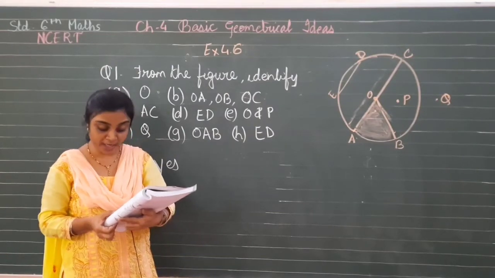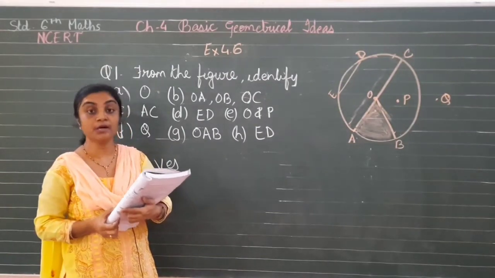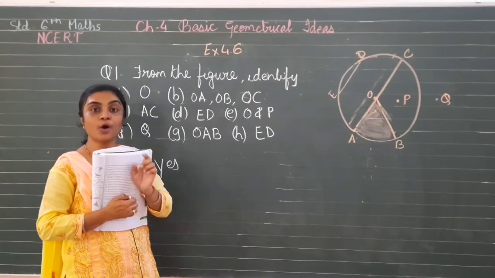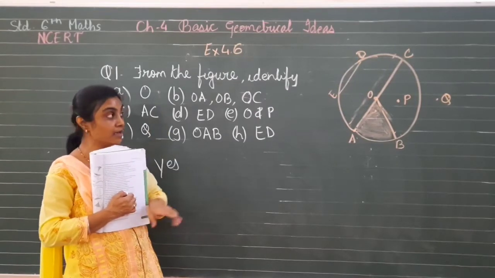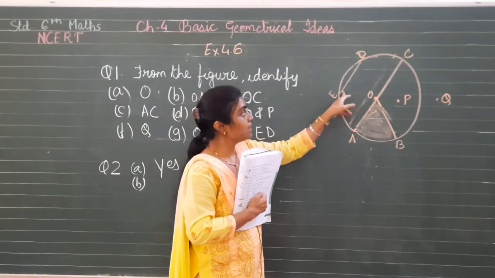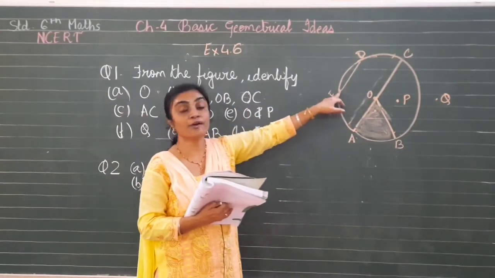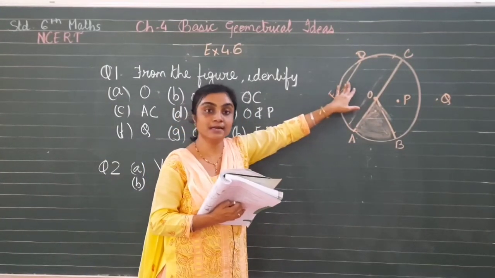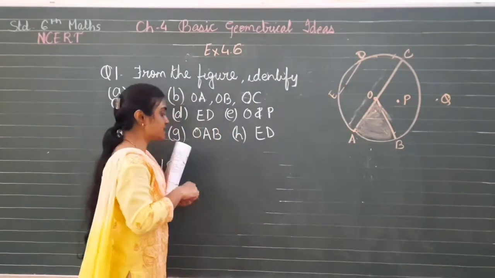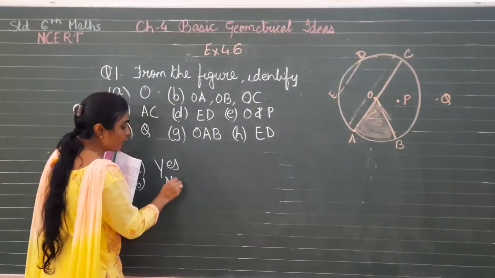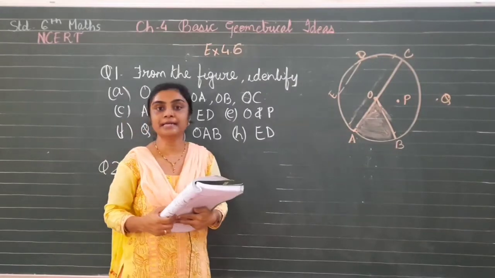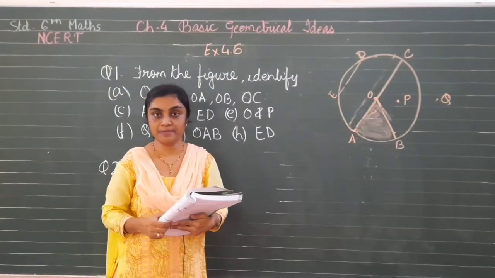B, is every chord of a circle also a diameter? A diameter always passes through the center, but this chord does not. So every chord of a circle cannot be called a diameter. The answer for this will be no. Every chord cannot be a diameter of the circle.